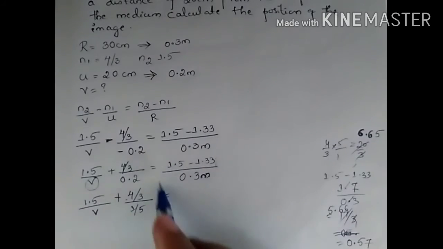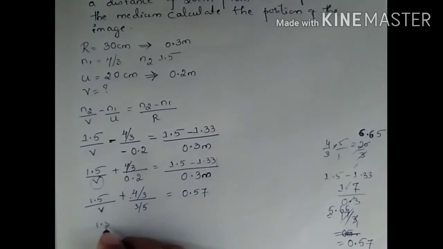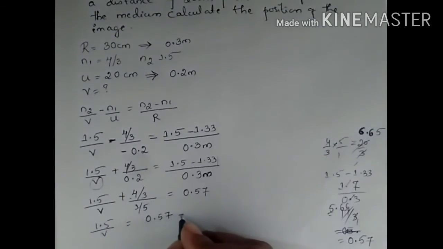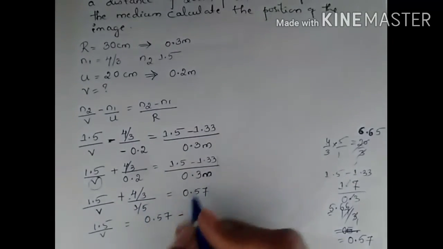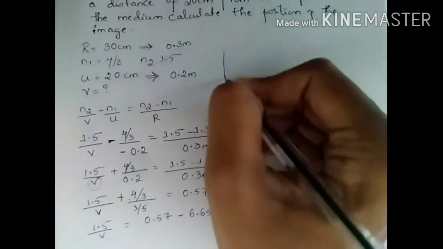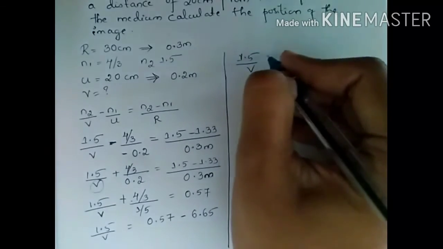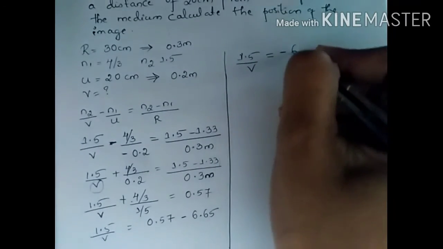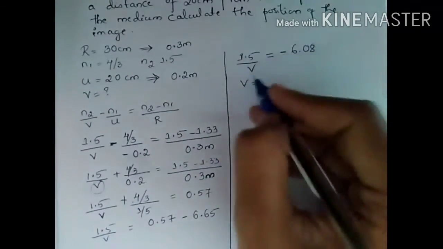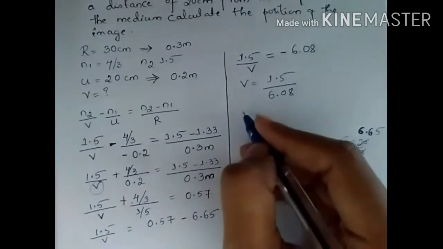So this we got as 0.57. So 1.5 by V is equals to 0.57 minus 6.65, this we got as. So 1.5 by V is equals to minus 6.08, and if you need V, then it will be 1.5 divided by 6.08.